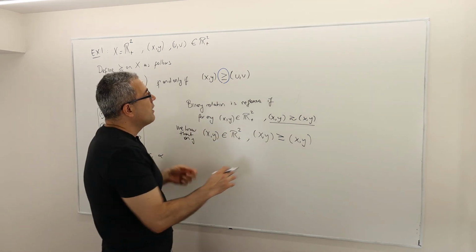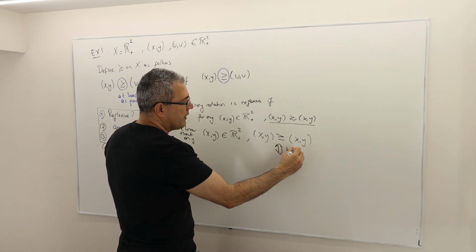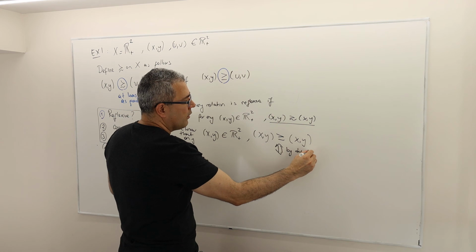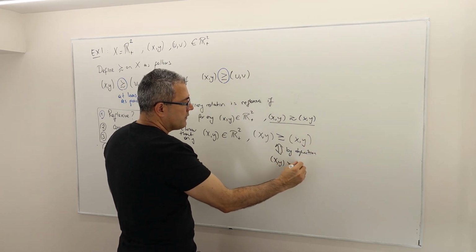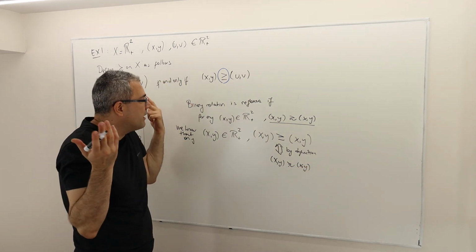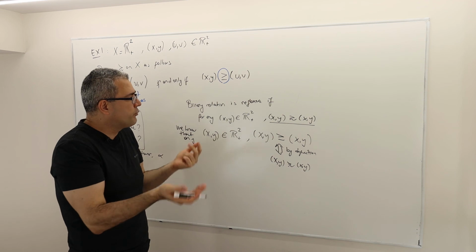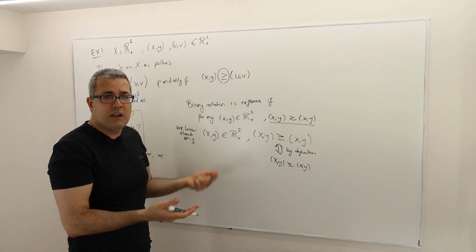So therefore, by definition of this preference relation, this vector is at least as good as itself. And this is true for any xy. So that's it. We basically proved that this binary relation is reflexive.